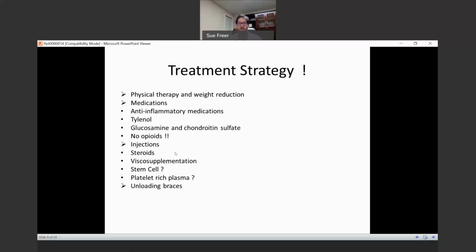Tylenol as well. Some may ask about supplements like glucosamine or chondroitin sulfate. There is no evidence that these can regenerate the cartilage, and that has been studied extensively. One thing is just avoid giving your patients opioid medications, because that can put them at risk of future dependency.